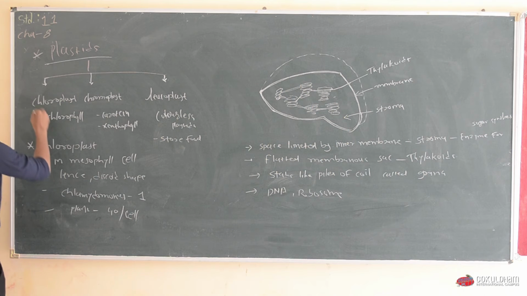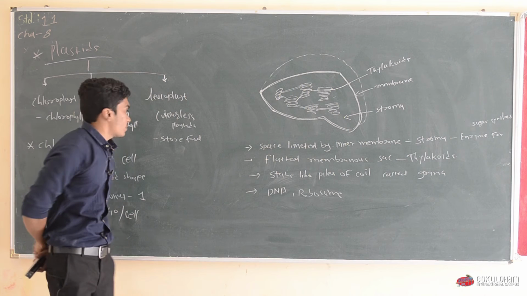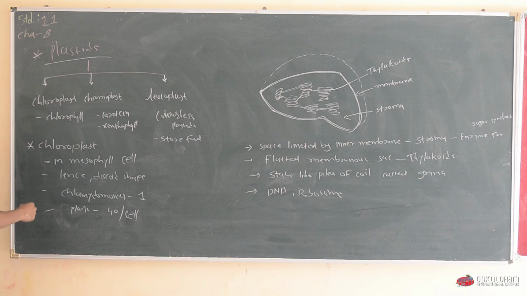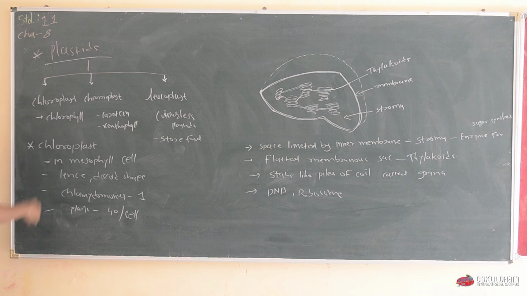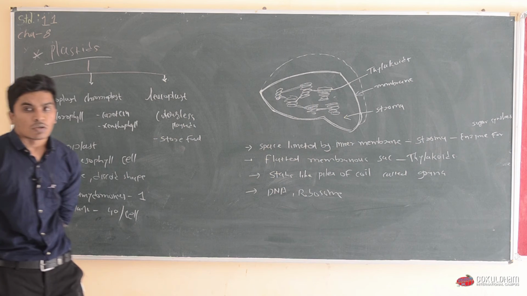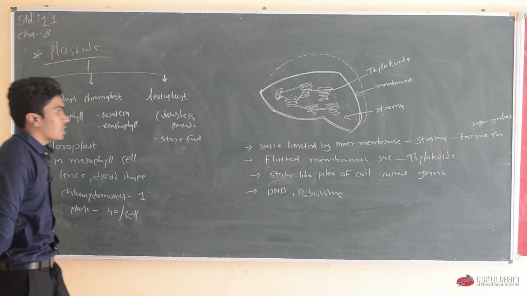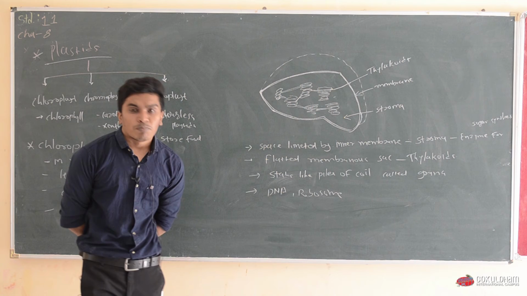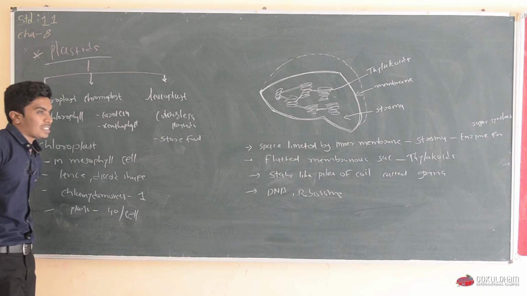For example, plastid number 1 is chloroplast, chromoplast and the leucoplast. The first one is chloroplast, which is composed of chlorophyll. In chloroplast, one pigment present is chlorophyll, and another pigment is carotene, which is responsible for green color in plants.